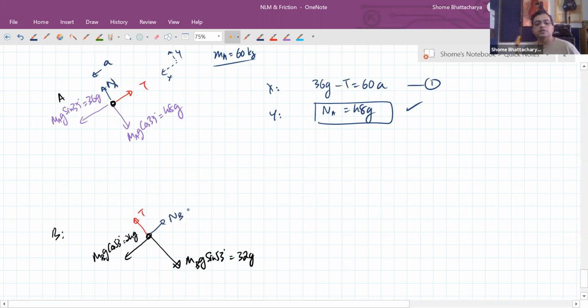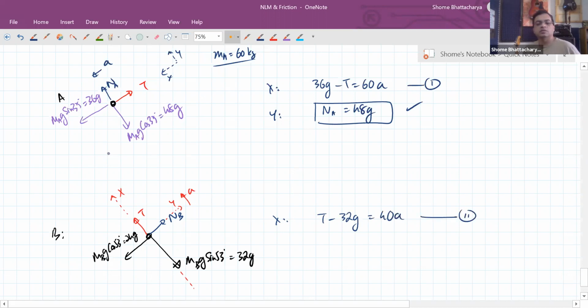There was tension, there was normal reaction, and B had to accelerate up the inclined plane like this. So you take this as your x-axis, this as your y-axis. Along the x-axis, we have the equation T minus 32g is equal to 40a.